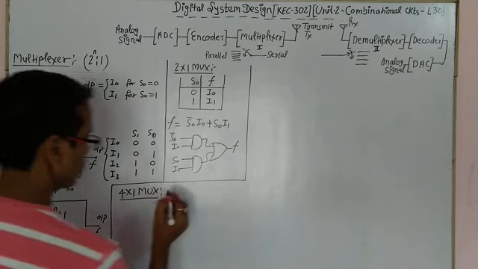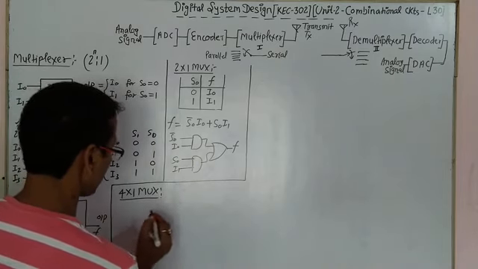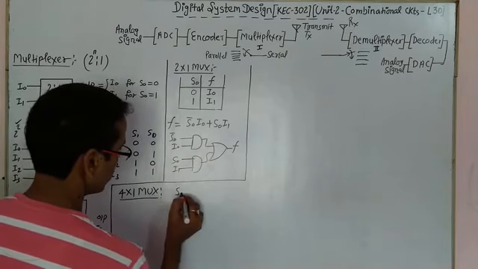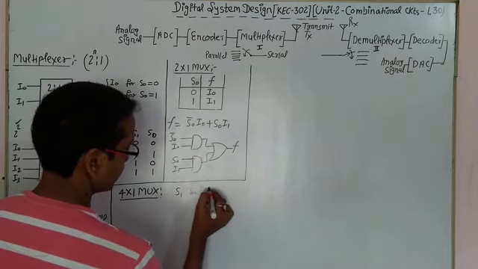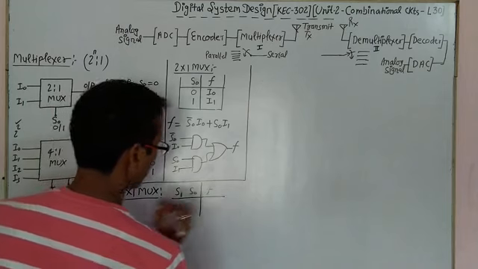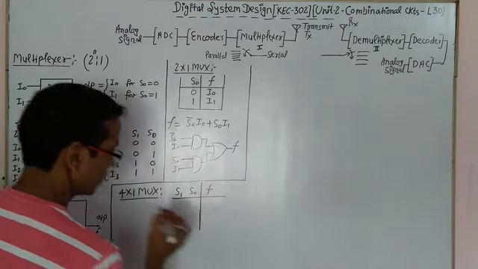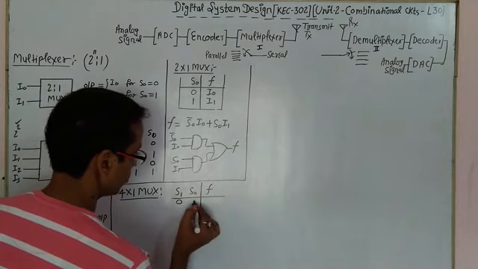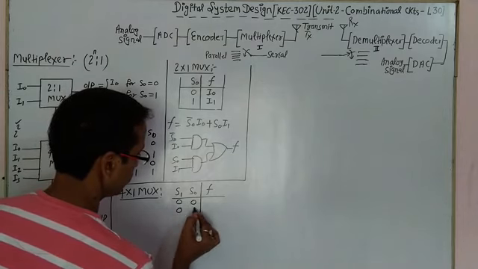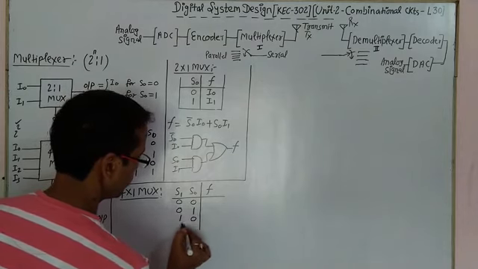The truth table has S1, S0 and the output. With two select lines we will have four combinations: 0 0, 0 1, 1 0, 1 1.